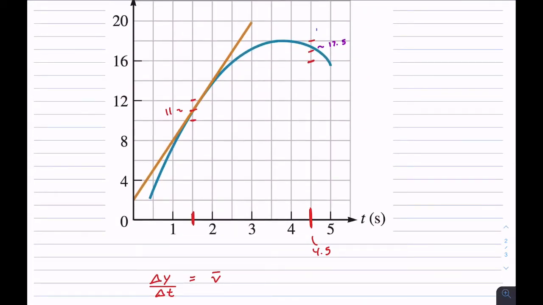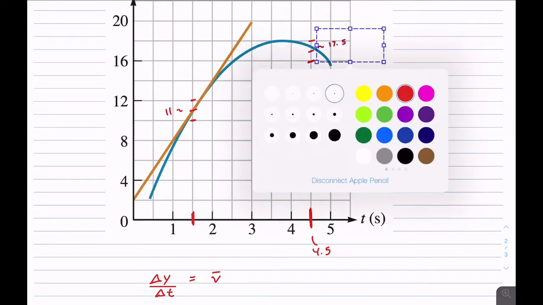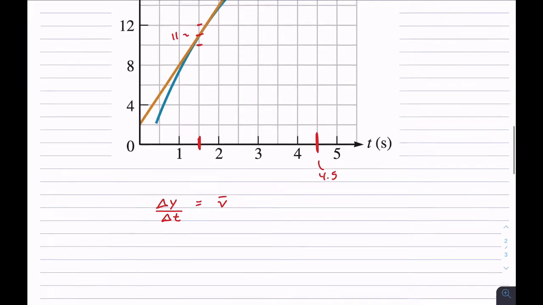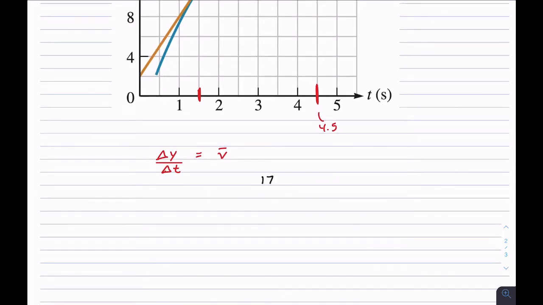This was 17.5. So the change in y is 17.5 meters minus 11 meters over the change in time, which is 4.5 seconds minus 1.5 seconds.